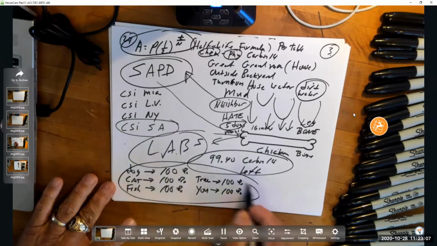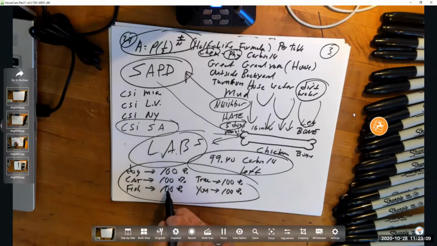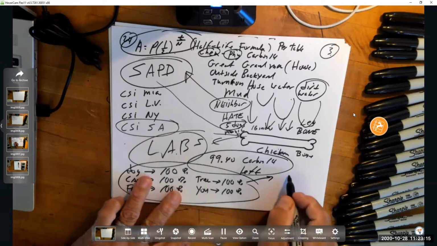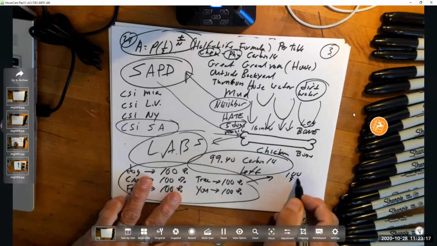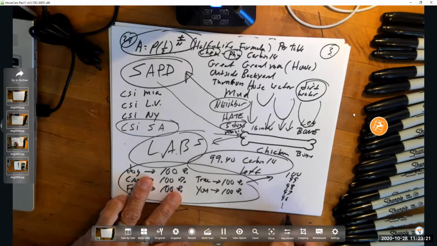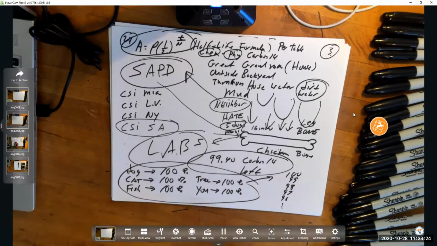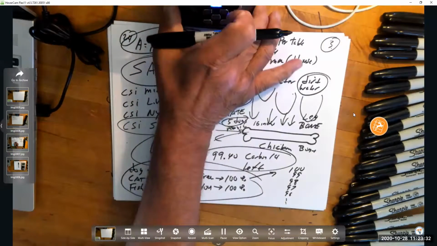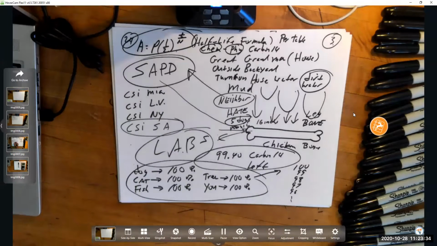All of these, if you're alive, it's 100%. And then when your dog dies, it goes from 100 to 99, 98, 97, 96. It's going to keep dropping like this. 1 year, 2 years, 20 years, 15 years later, this number is going to get smaller and smaller and smaller. Does that make sense? I just got it from the CSI guys. So that's where I got this stuff from.